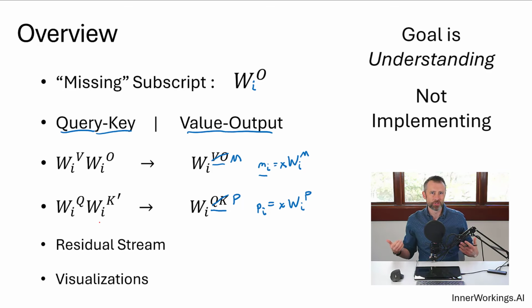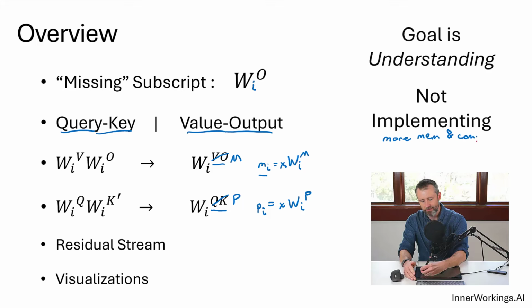No one should go change their PyTorch code based on these insights. And I think an objection that would be easy to make is, oh, well, this is a terrible idea. If you implement this, it's more memory and compute. There's a reason we decompose them. Yeah, absolutely. So that's not what this is about.